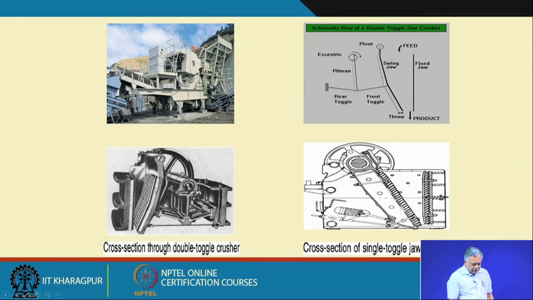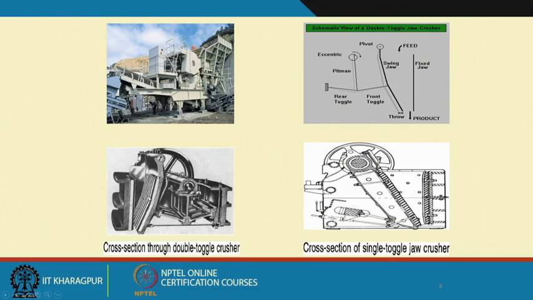And if you look closely at these plates, you can have different types of jaw surface, made of different types of materials. You can have tooth-shaped surfaces also, or plate-like surfaces.